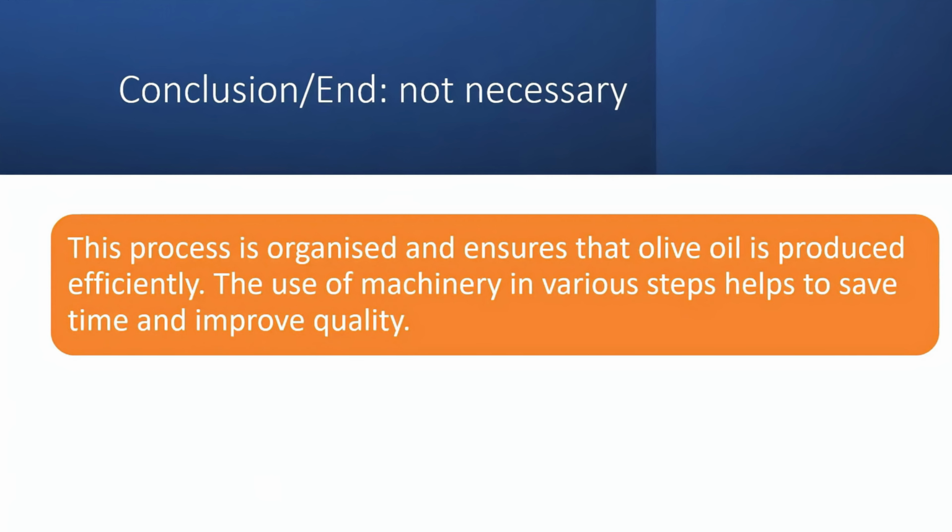So if I read this as an ending to your task one process essay, I don't know if I like it, because there is a suggestion of you giving me information that is not in the graph or is not in the diagram. It also suggests that you're giving a little bit of opinion here by saying it helps to save time and improve quality.